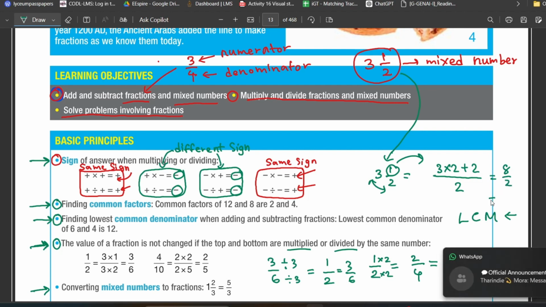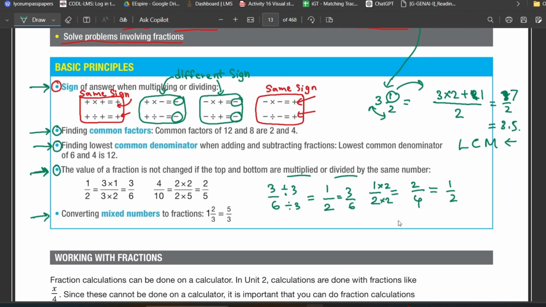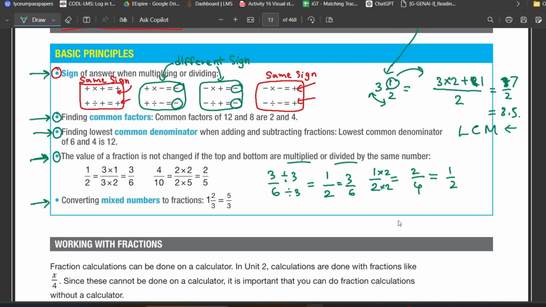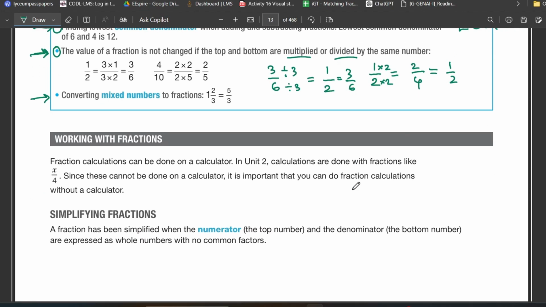Sorry, I wrote 8 earlier, but this should be 1, because it is 3 times 2 plus 1. So 7 over 2 is 3.5. Like that, you can convert a mixed number. So 7 over 2 is the answer. Okay.